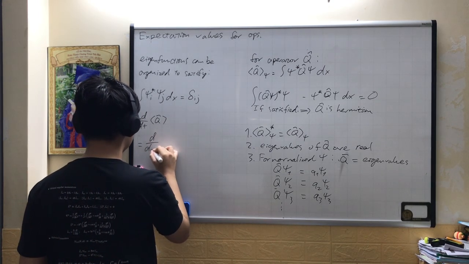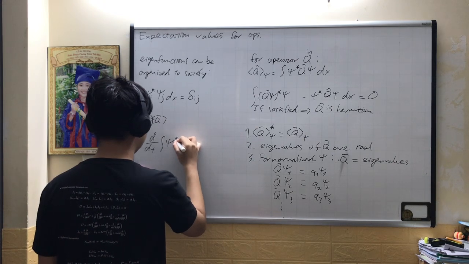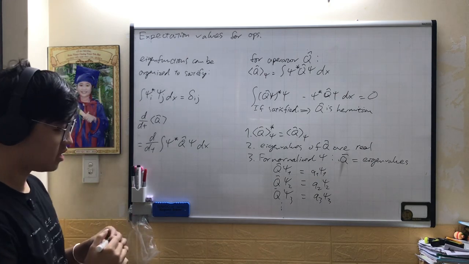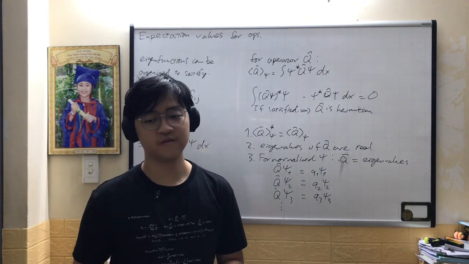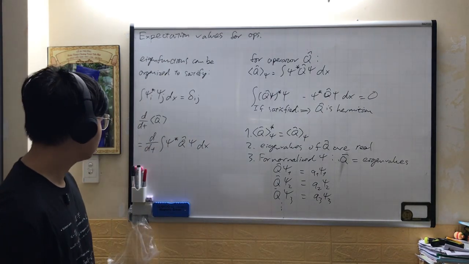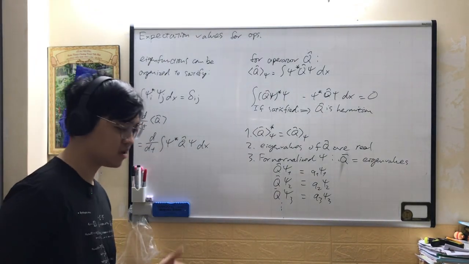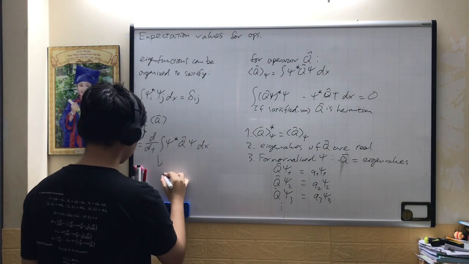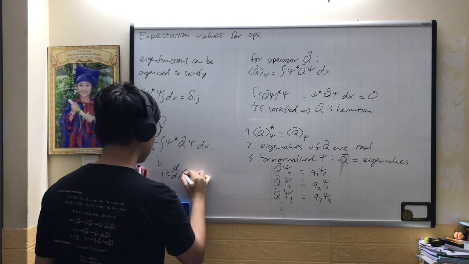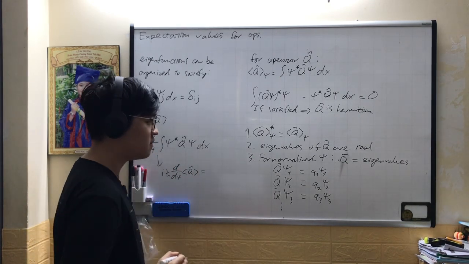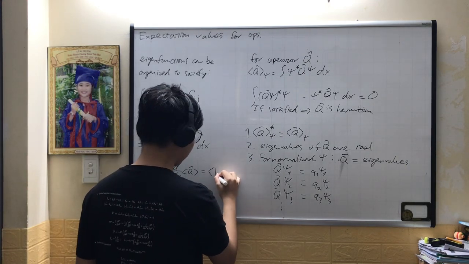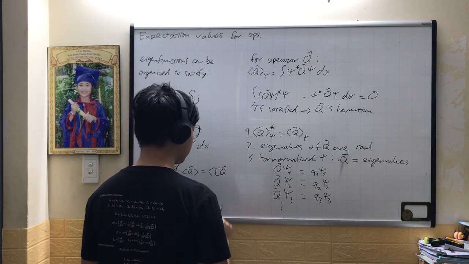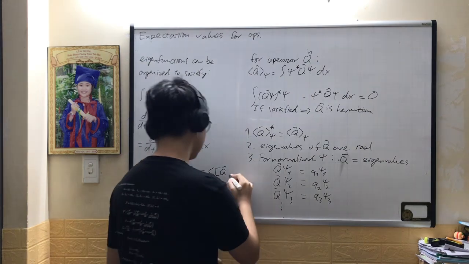You expand this, psi star Q psi dx, and once you do a little bit of math, you can put it back into the Schrodinger equation and you would get i h bar d/dt of your expectation value equal to the expectation value of the commutator between the operator you want to test and the Hamiltonian itself.